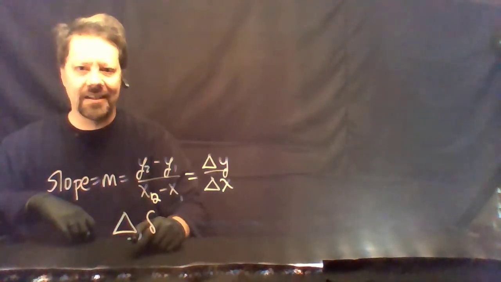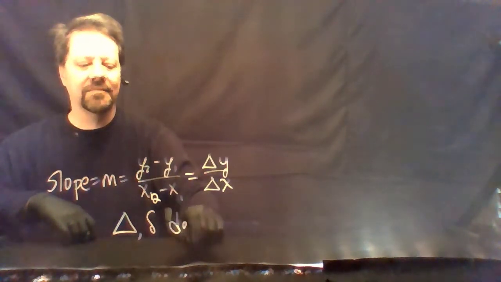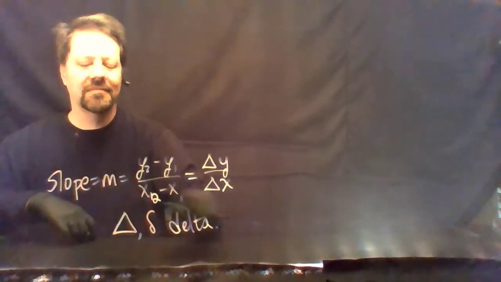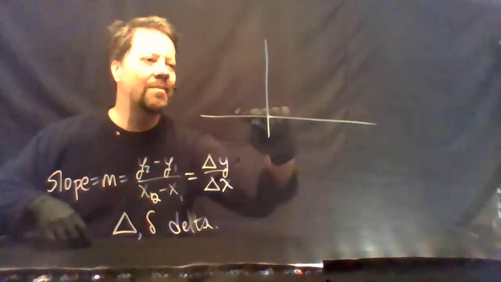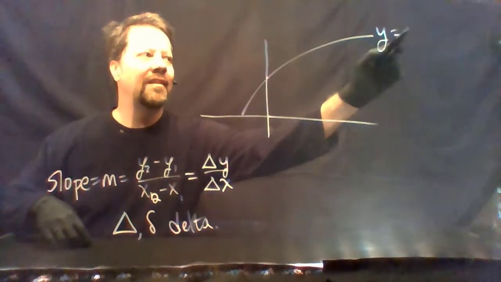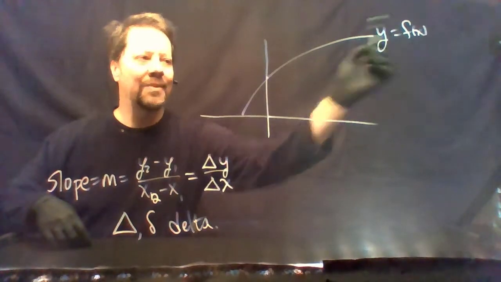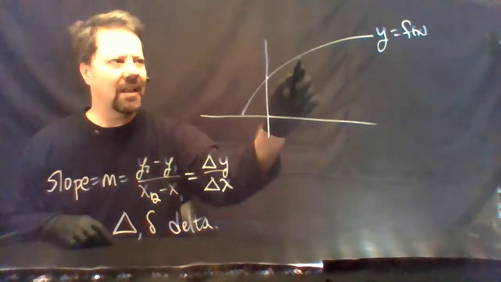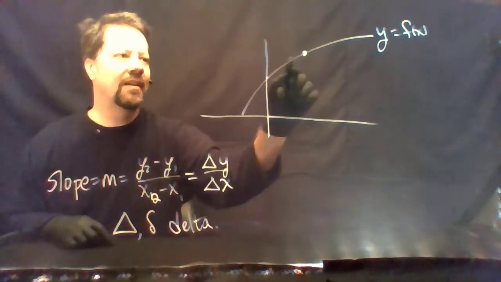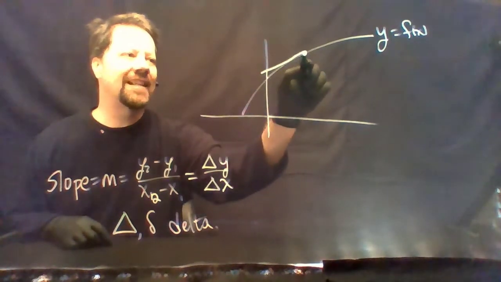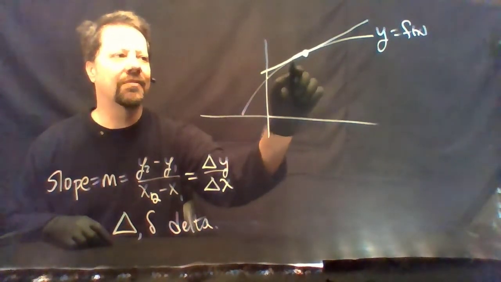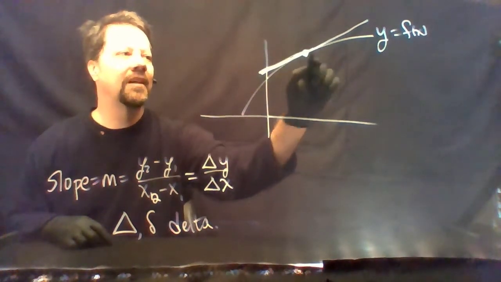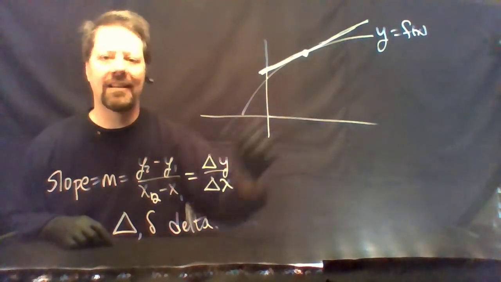The lowercase letter delta looks like this. In our present context, suppose we have some function y equals f of x. Our goal is to try to find the slope of the tangent line. The tangent line just grazes the curve at this one point, like this.